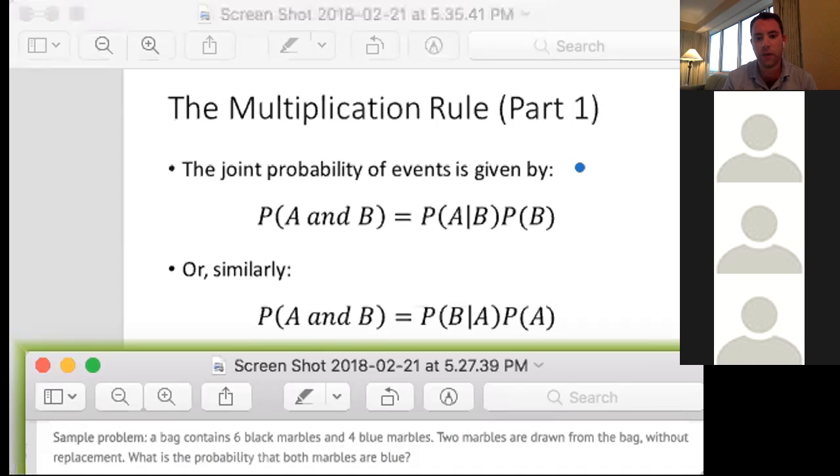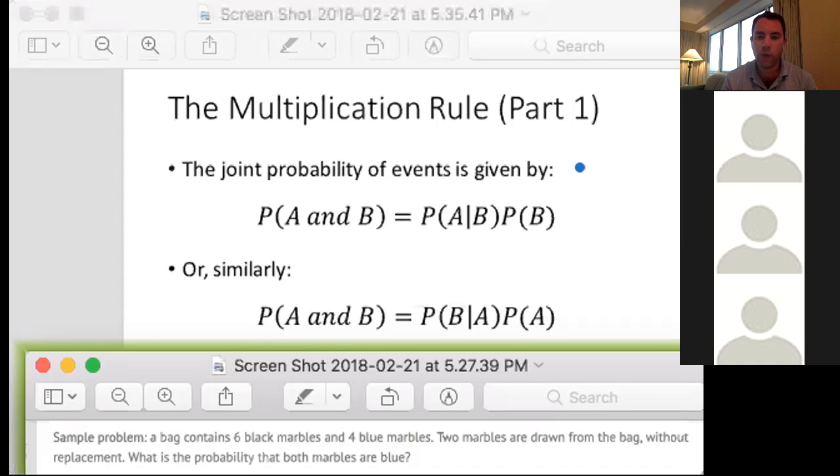That would mean you had independent probabilities, because drawing a blue marble on your first draw would have no effect on drawing another blue marble on your second draw. So those would be independent probabilities, and then you could simply multiply the first probability, which we said was 4/10, times 4/10.